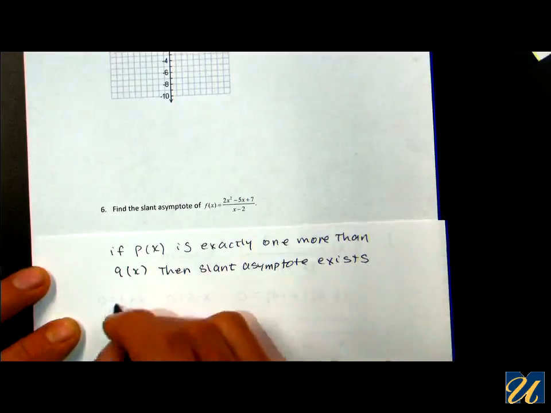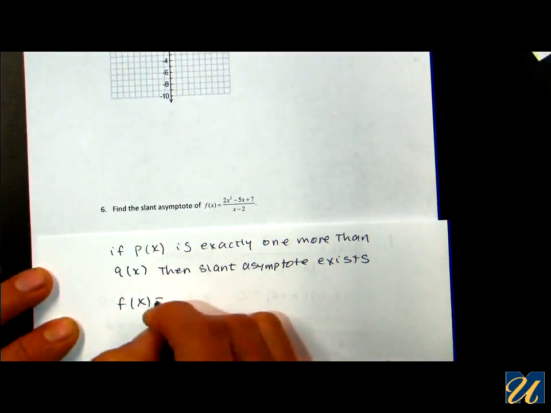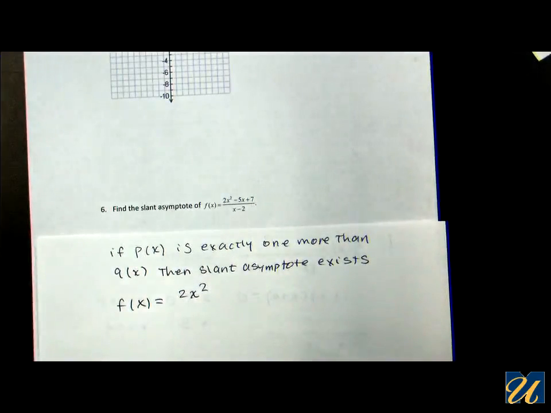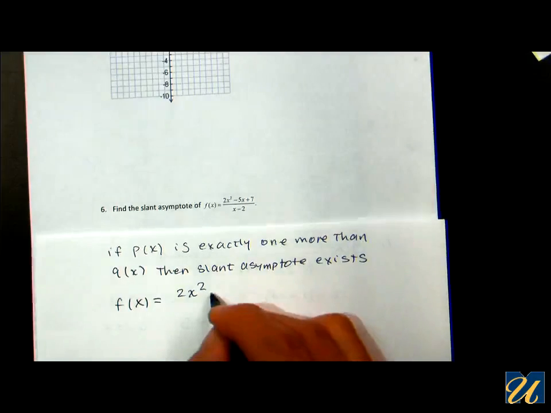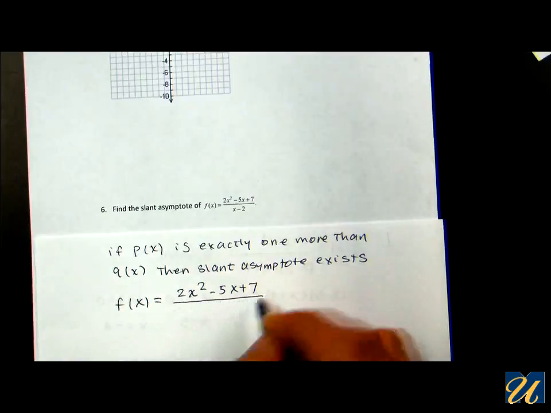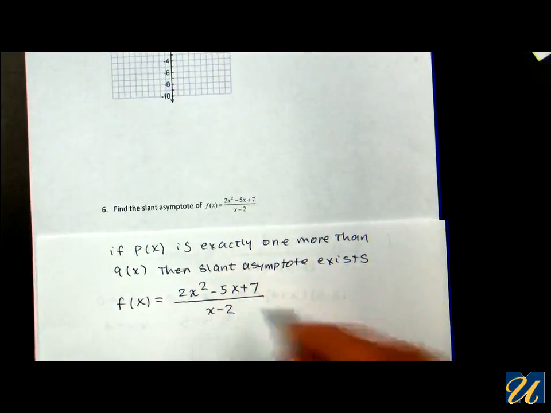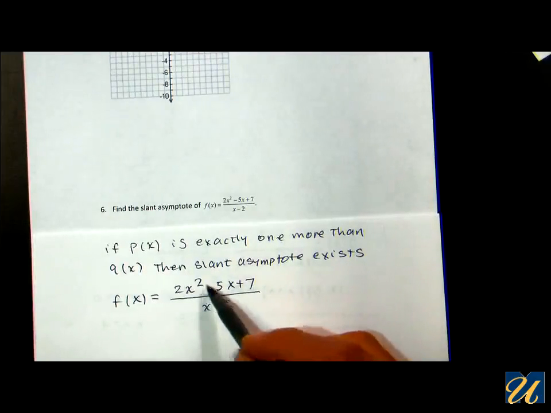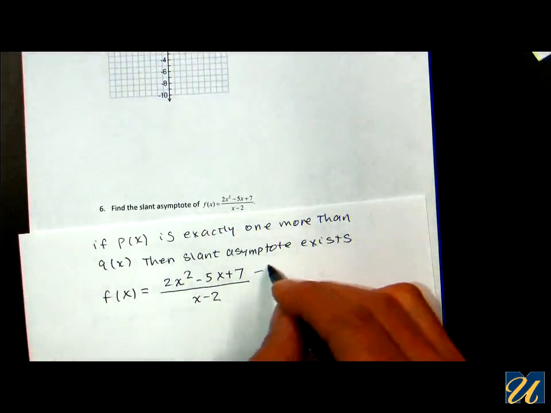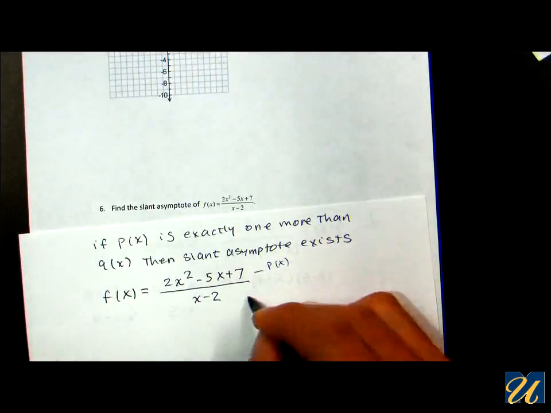Okay, so our function is 2x squared minus 5x plus 7 divided by x minus 2. Exactly one higher degree on the top, right? This is p of x, than the bottom.